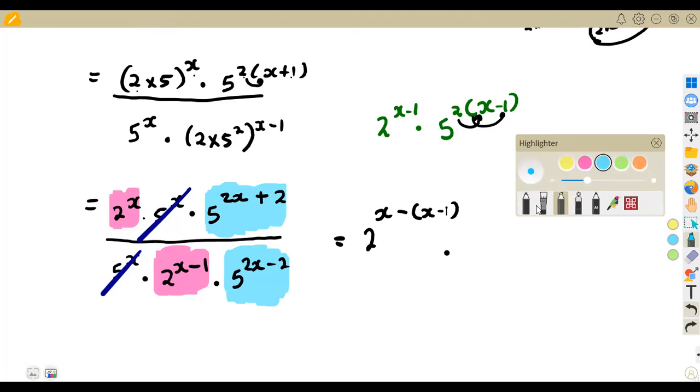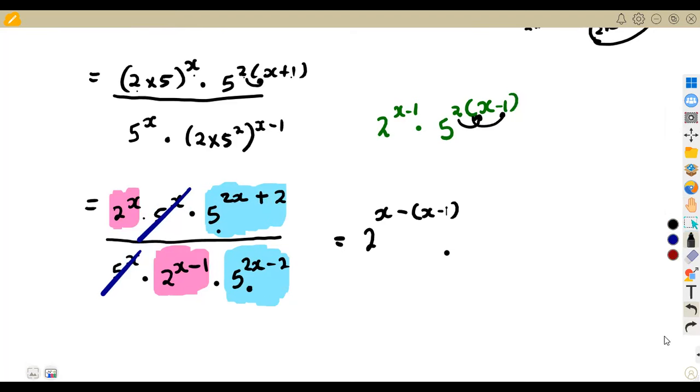So considering that the bases are the same, we subtract the exponents since we are dividing. So that will be 5 to the exponent of 2x plus 2, subtract the other exponent that we have in the denominator, which is 2x minus 2.